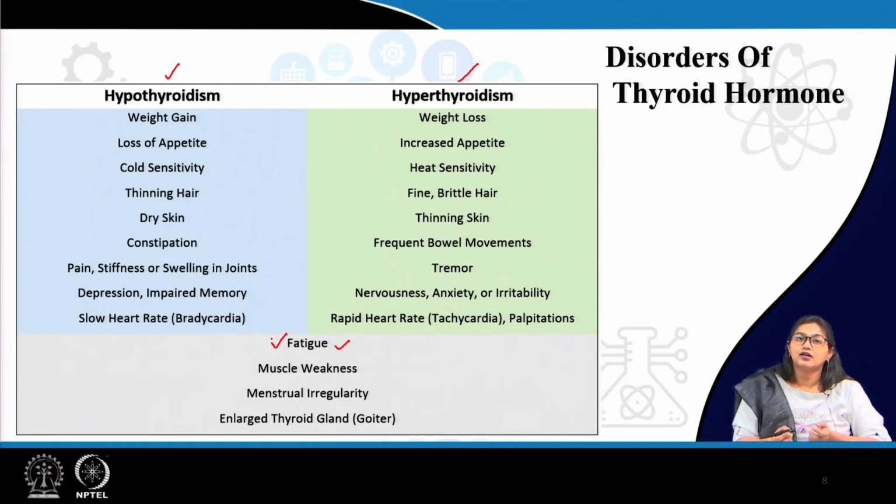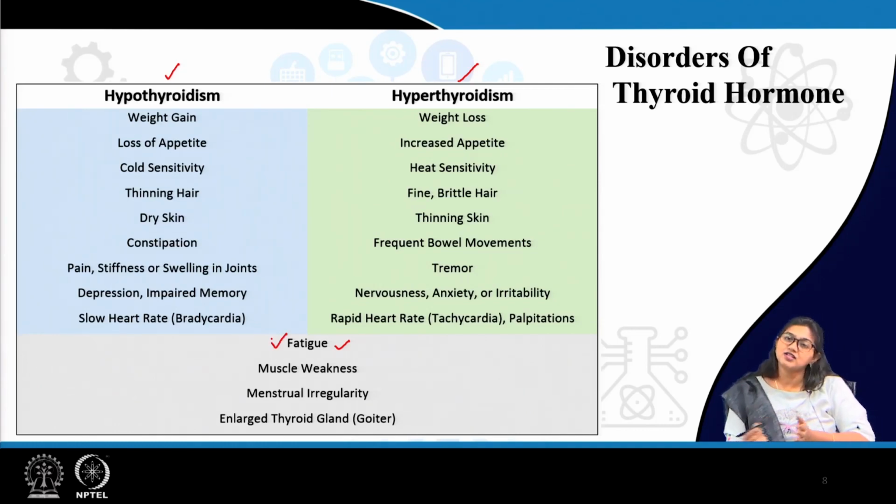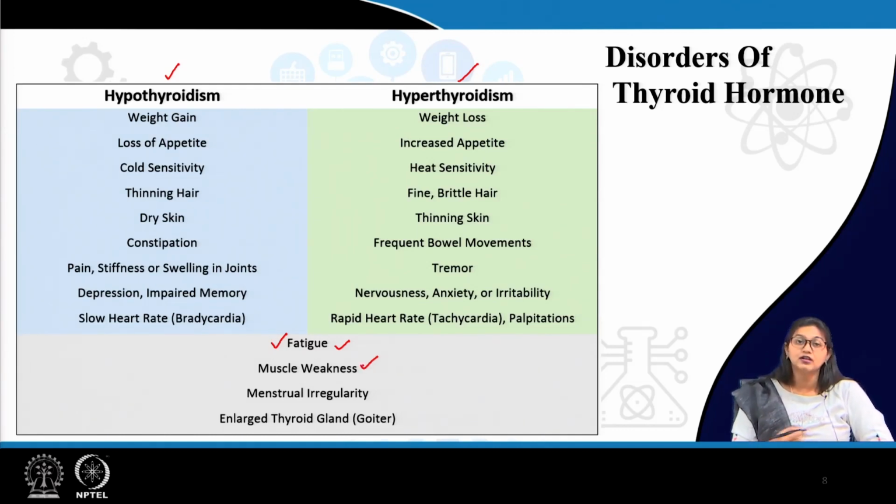So in hypothyroidism the person is fatigued because the energy availability is low, whereas in hyperthyroidism the energy expenditure is so high that after that expenditure there is fatigability. Similarly, there is muscle weakness, menstrual irregularity, as well as enlargement of the thyroid gland, which is known as goiter.